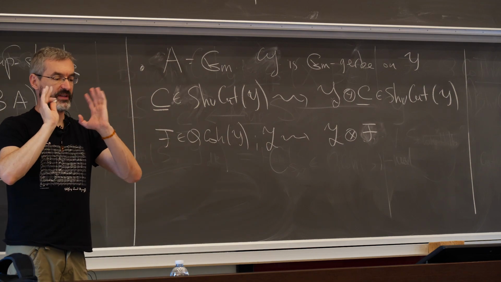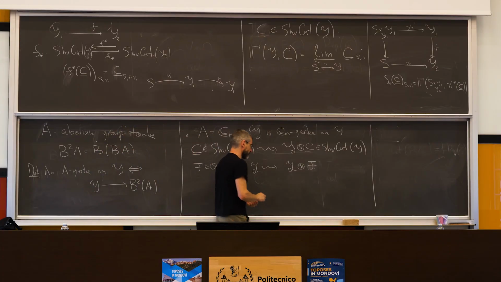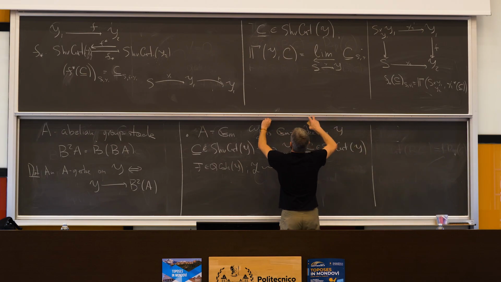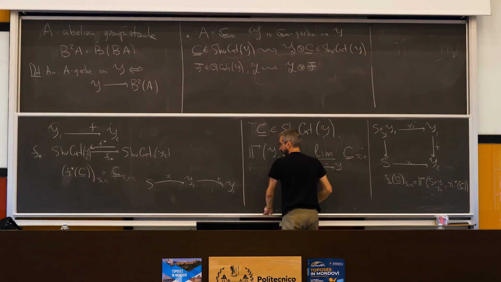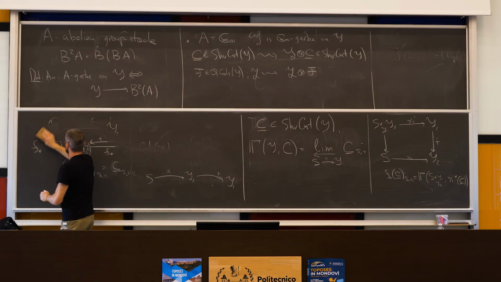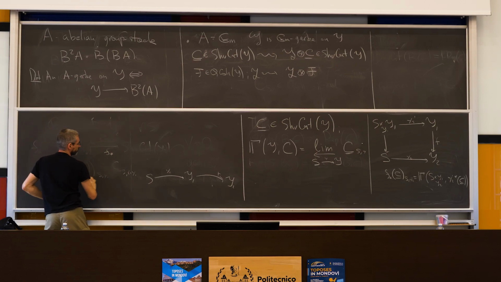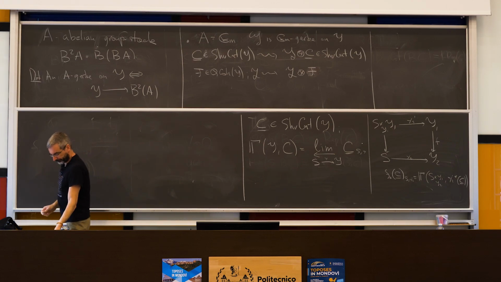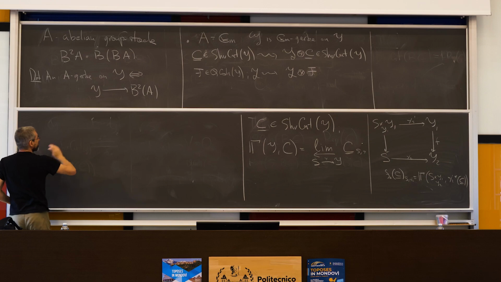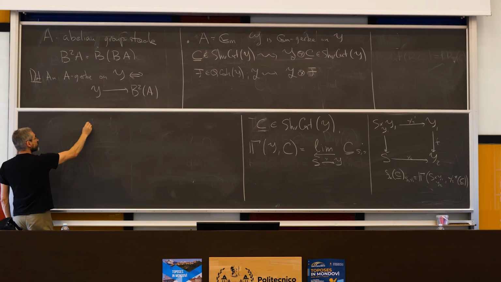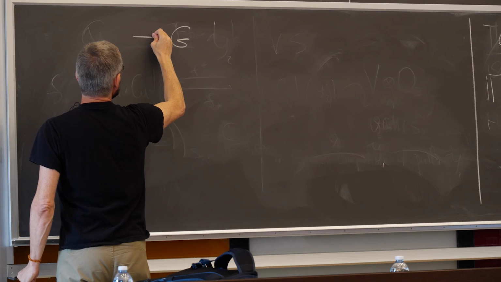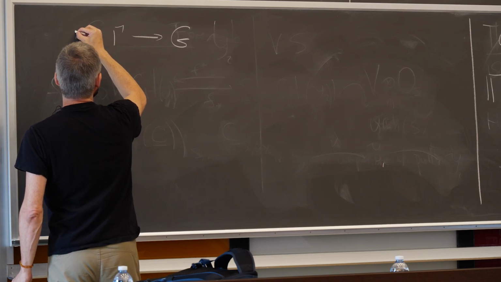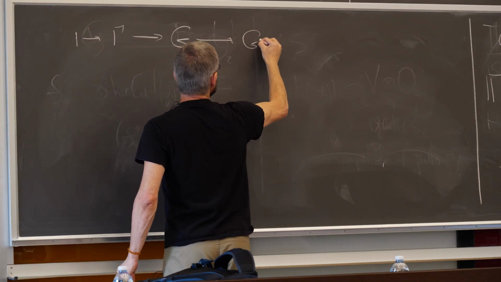So gerbs are good for twisting. And another operation is another kind of twist, which we're going to use extensively. Suppose you have a group, and you have something in the center. Let me call it gamma. And this will be called G prime.